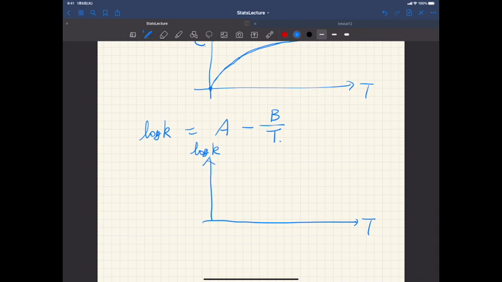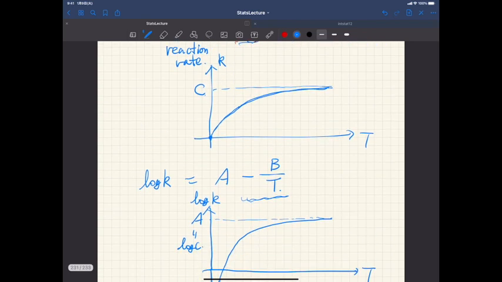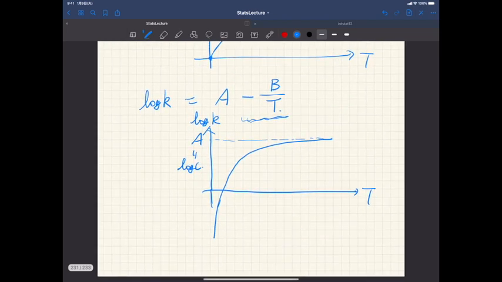It will look something like this, right? When t goes to 0, the second term will be negative infinity, so it will diverge to negative infinity. But when t goes to infinity, this term converges to 0, so log k as a whole will converge to a. This is actually log of C, right? C is this C.